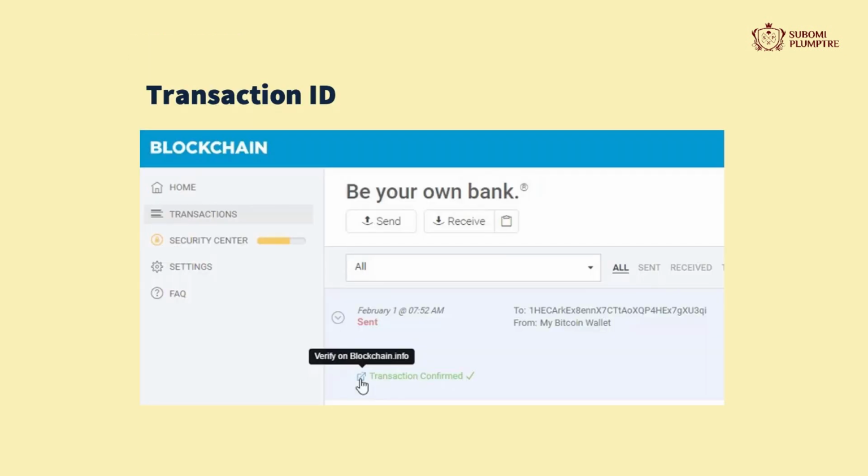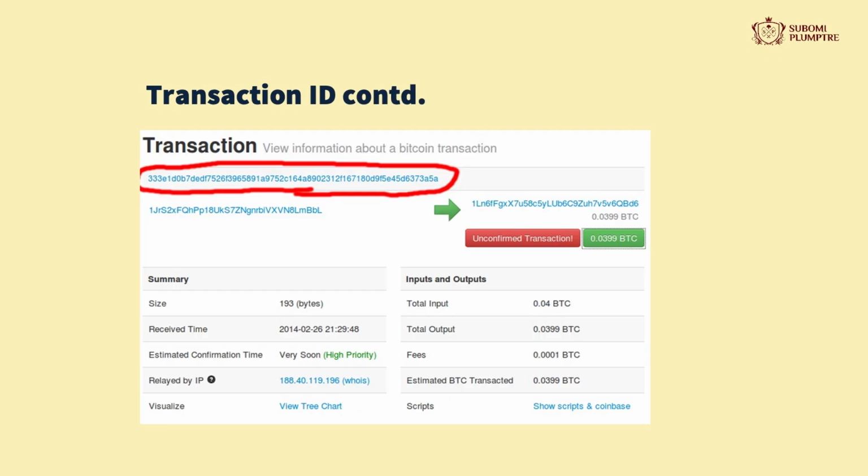This is the transaction ID I was talking about. Once you do a transaction and you click on the ID information, it takes you to this interface where you can see whether that transaction is confirmed or unconfirmed. If you see an unconfirmed transaction, just wait a little bit. Sometimes it takes a few minutes.